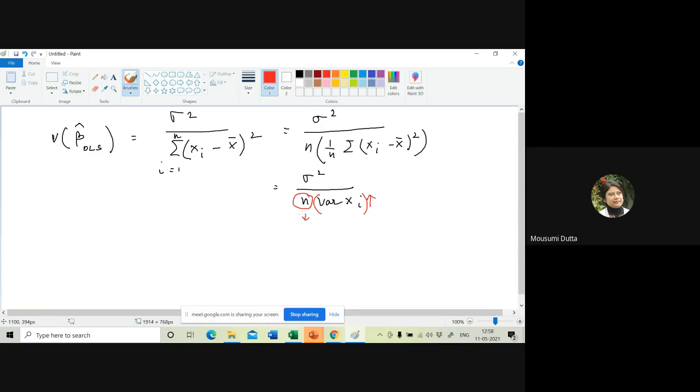Thus, considering only the extreme values of x, variance of xi rises, but it may not serve our purpose of reducing variance of beta hat OLS.